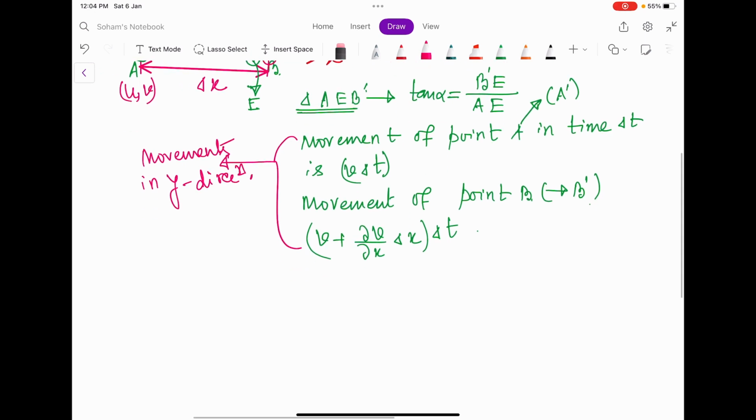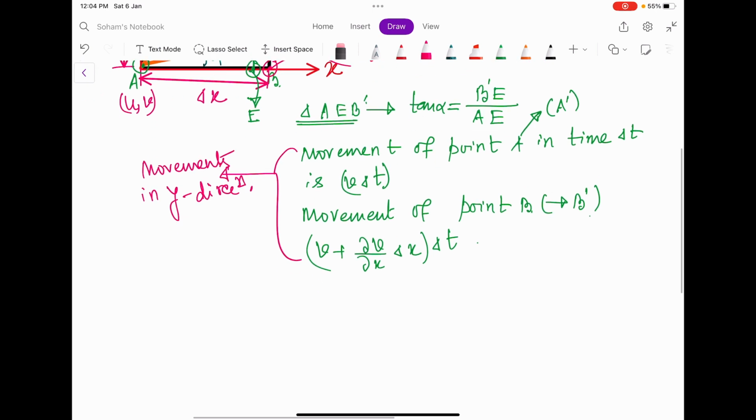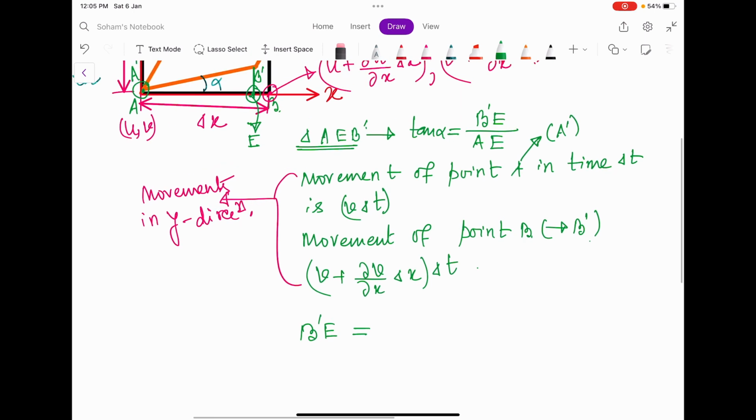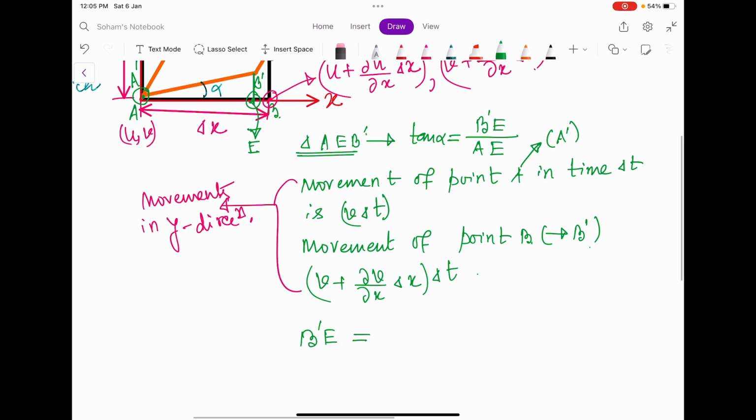So now what will be the B dash E? This B dash E will be the movement of B, right?